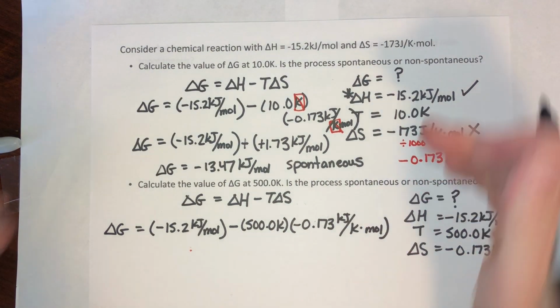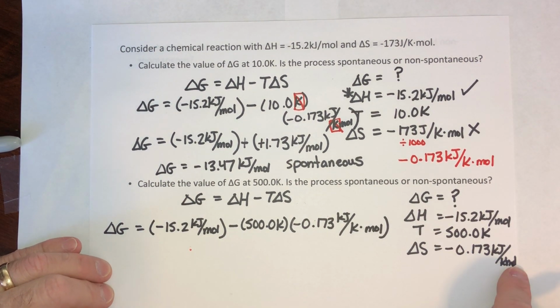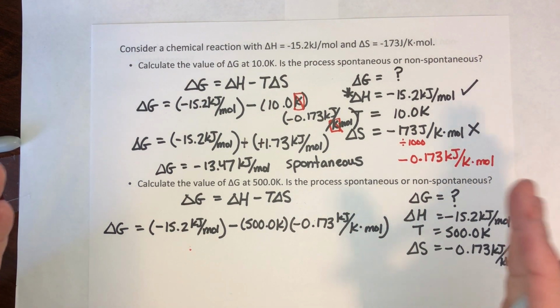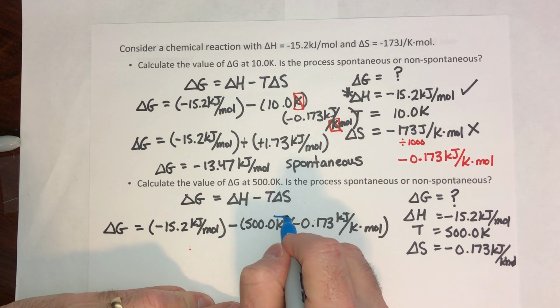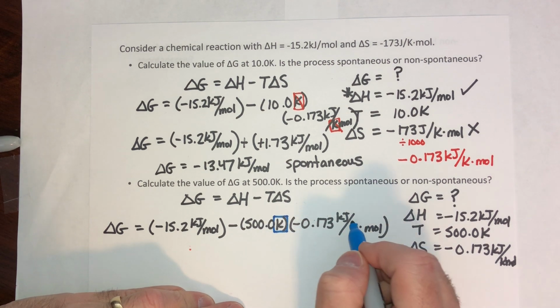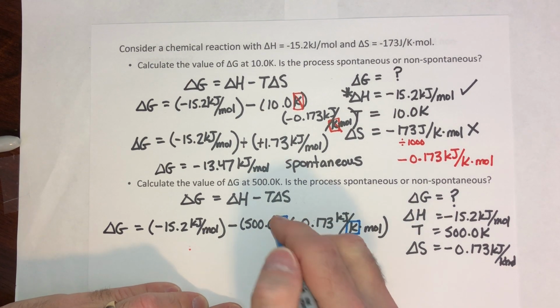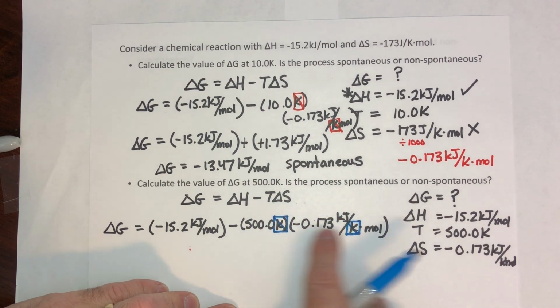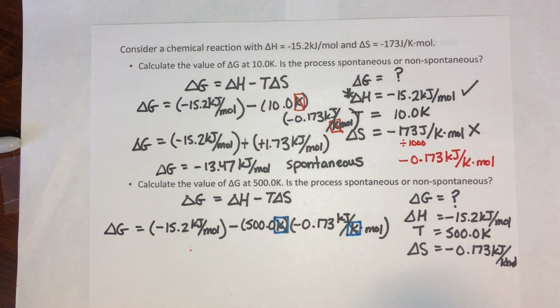And you can see the second time around, I may have run out a little bit of room here for my units on my delta S, but I've got my problem now centered a lot better so it's easier to see what's happening. It's much easier to see that the kelvins for the temperature and the kelvins in the entropy change, numerator and denominator, will cancel. Right? It's a little easier to see that you're going to be left with kilojoules per mole. And that's what we want.